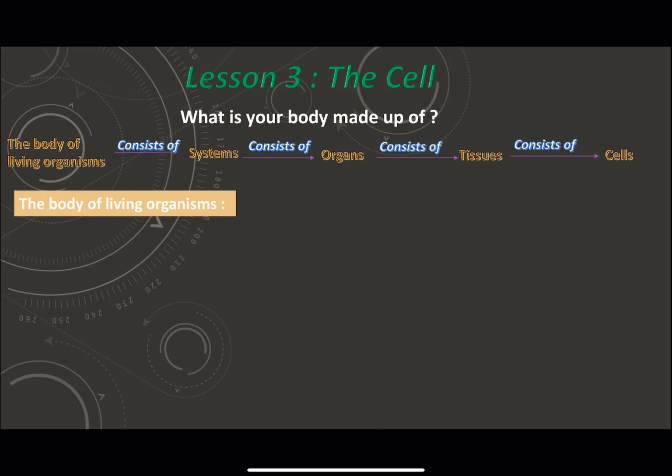If I want to define the body of living organisms, I can say that it is a group of different systems that work together in full harmony. About this point, I want to ask you a question as a revision on lesson 1. Why must these different groups of systems in the body of a living organism work together in full harmony?